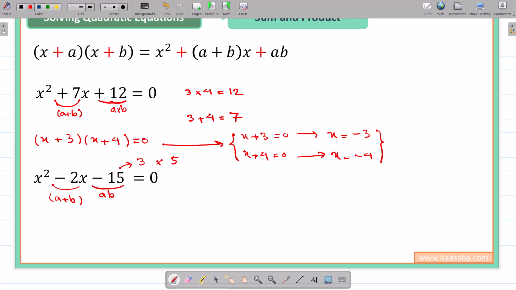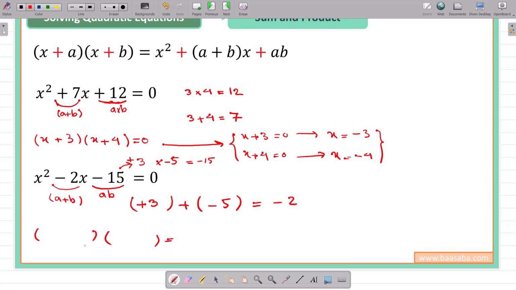It is negative, so the greater number should have the same sign as the sum of the numbers. So when 5 is negative and 3 is positive, they produce negative 15 as their product, and the sum of them is negative 2. So we found our a and b.